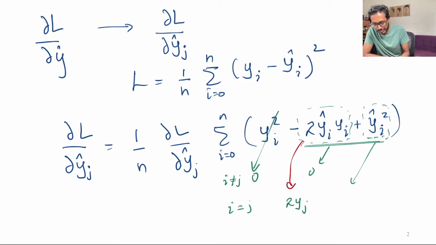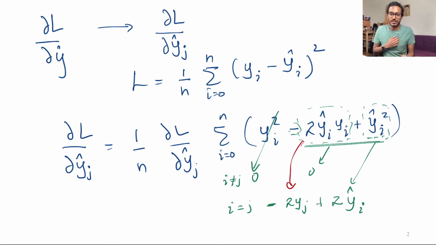Because now i is equal to j, this part we can take to the front, yj hat, right? And we missed this negative sign here, so minus 2 yj plus 2 yj hat. So this is how we are going to take the partial derivative.